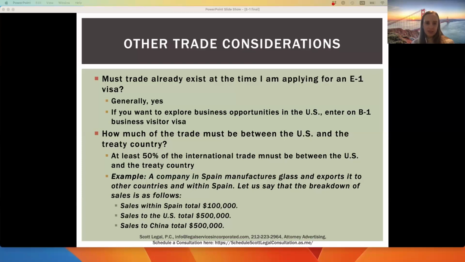There is one exception, and that is, let's say that the trade is very low, but you have signed binding agreements with clients for immediate performance of work. You could still potentially qualify for an E-1 visa. So let's say that you have a company in your home country, and the company just started, let's say 3 months ago.